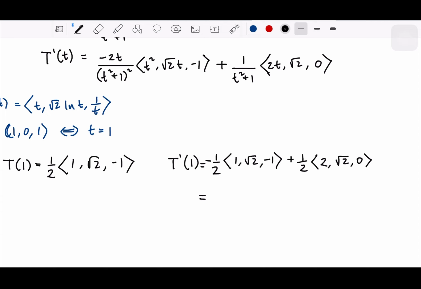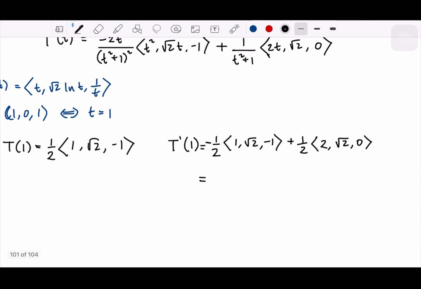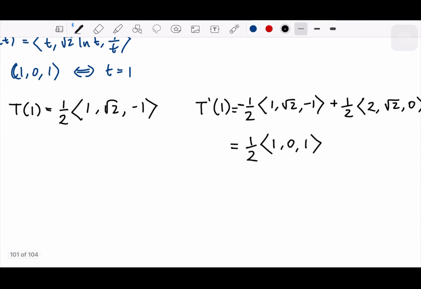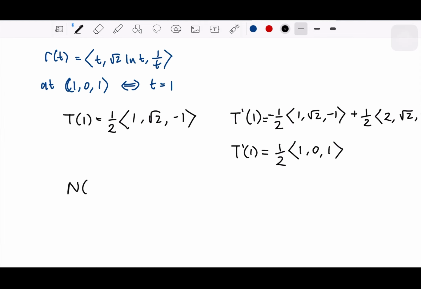And from some calculations, this will be half of (2 minus 1, 0, 1), which is (1, 0, 1). This is T prime at 1. And the normal vector will be T prime at 1 divided by its magnitude.